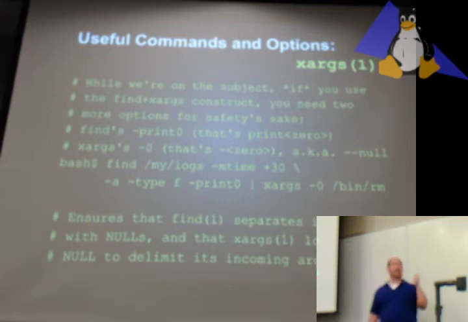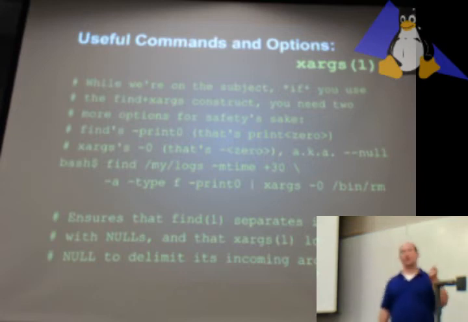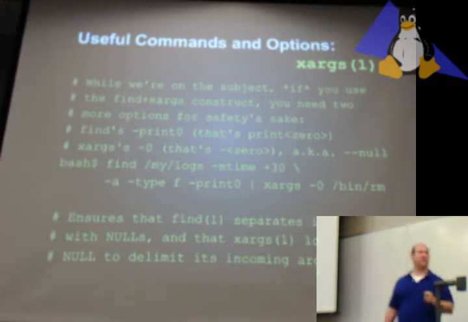Otherwise, if you have files with white space embedded in them, bad things can happen. So if you're going to be doing this, I very strongly recommend that, especially that construct.